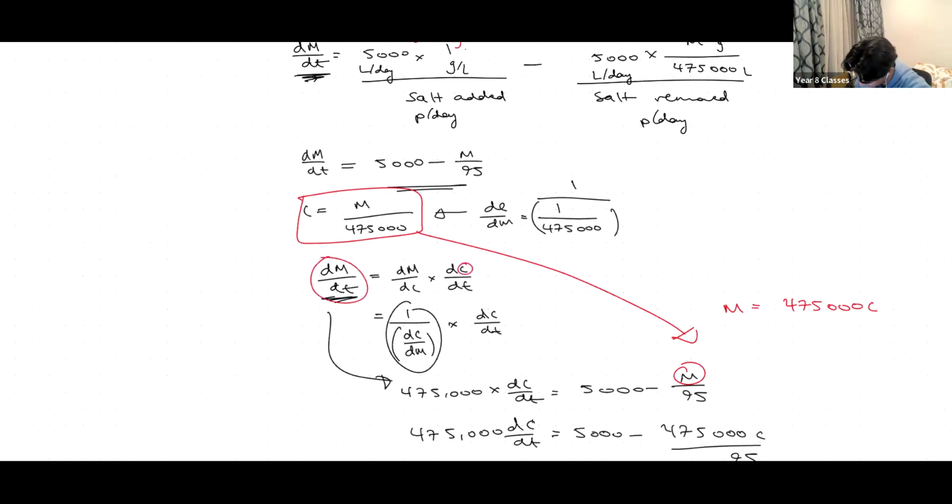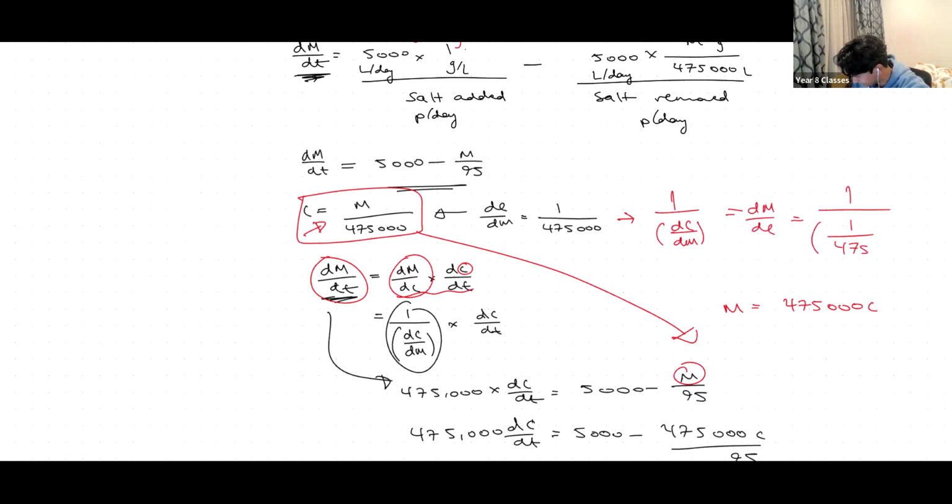Because we know what C was in terms of m, you could solve dm/dC by solving dC/dm and then taking the inverse of it. So we wanted 1 on dC/dm because that was equal to dm/dC. That gave you 1 on 475,000, which just gives you 475,000.